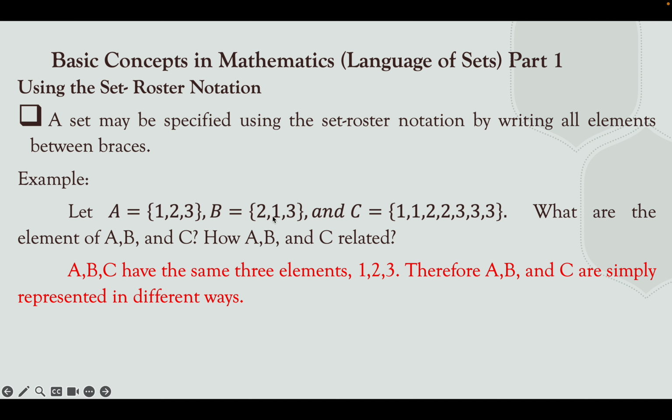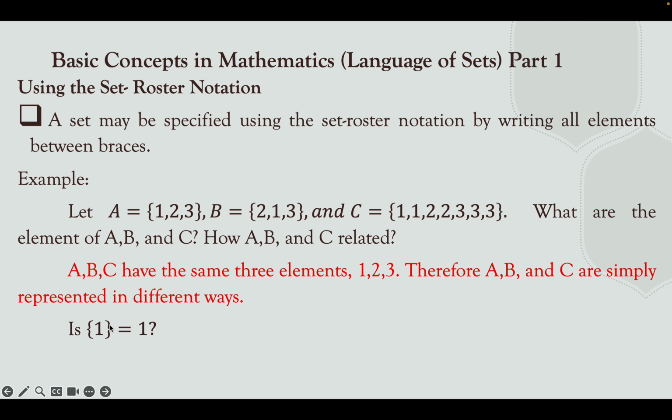And in set C, the elements are repeating: 1, 1, 2, 2, 3, 3, 3. But that just means they have the same three elements, which are 1, 2, and 3.